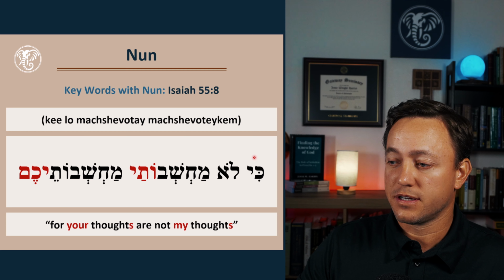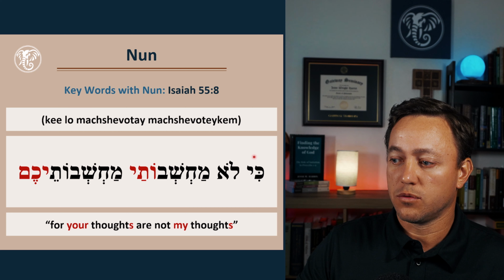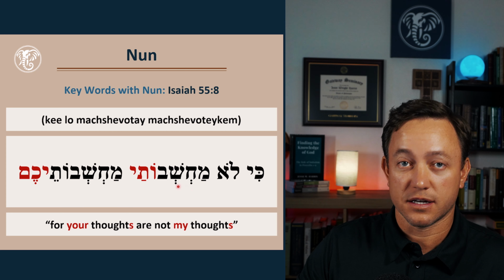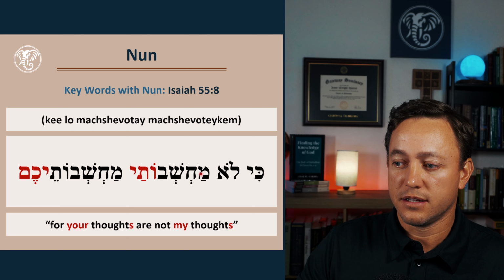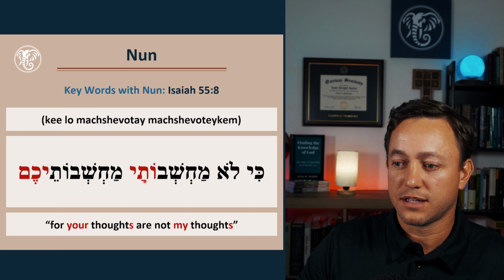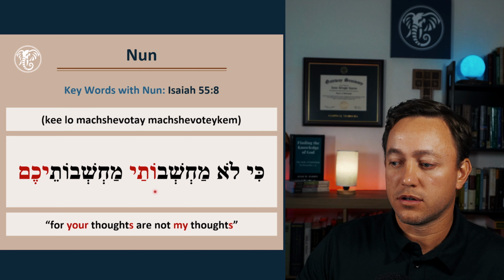What do we have here? That common word we've already seen many times, of course, ki: for, because, that. Lo means no, or not. And this word here, machshev, is from this root word, chashav, meaning to think or consider. This is the noun form, machshev, meaning thoughts. Then we have otai: the i on the end is my, and the ot is plural.